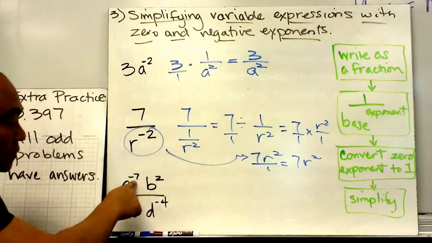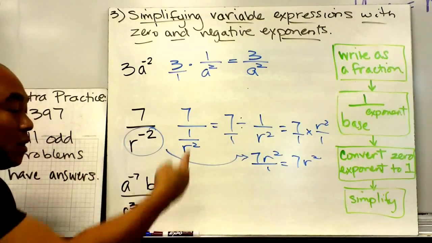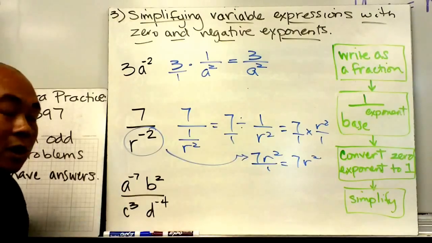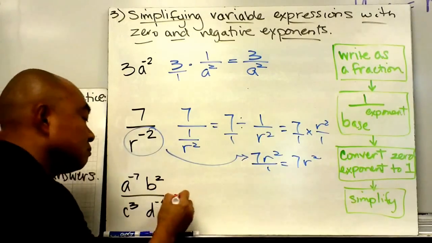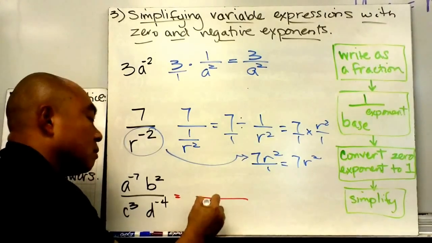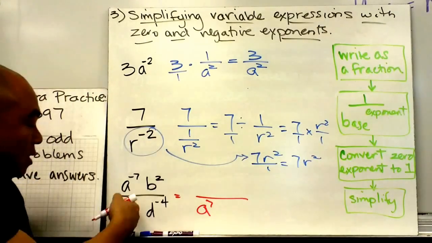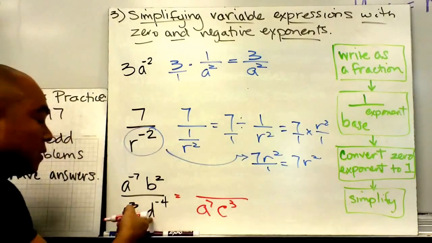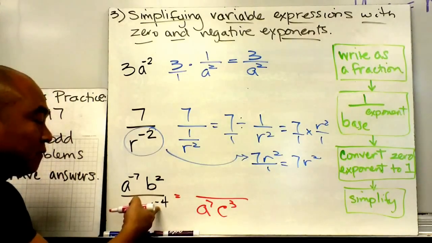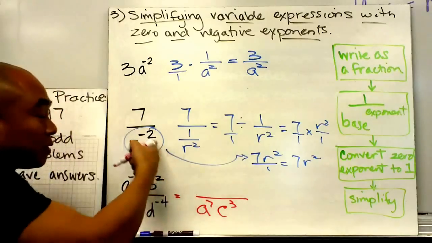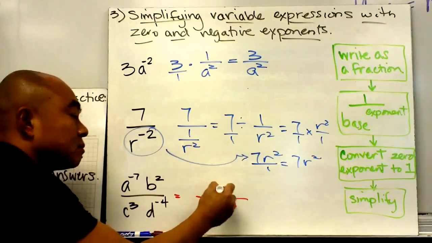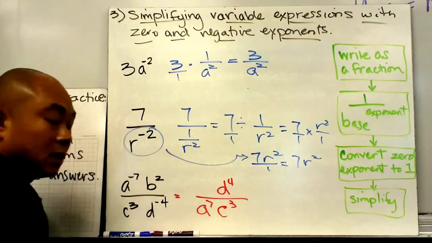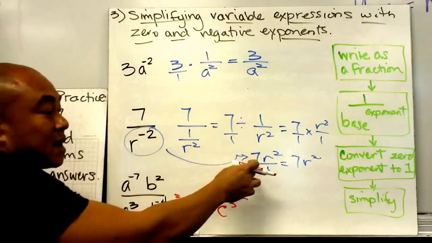So first off, a to the negative 7 power means we have 1 over a to the 7 power, which means we can just put that down here. c cubed is still going to be on the bottom. And then we're going to take this d to the negative 4, and what we learned from here is we're just going to place it up, because of what we kind of established here.